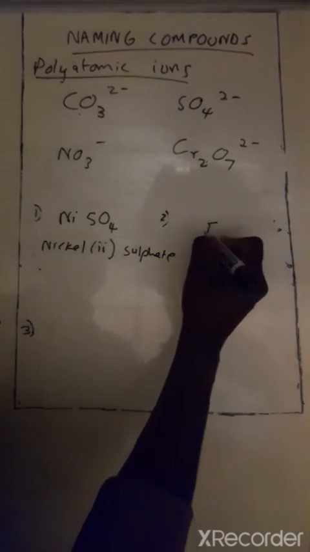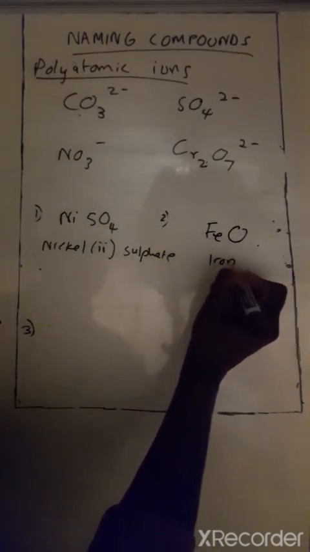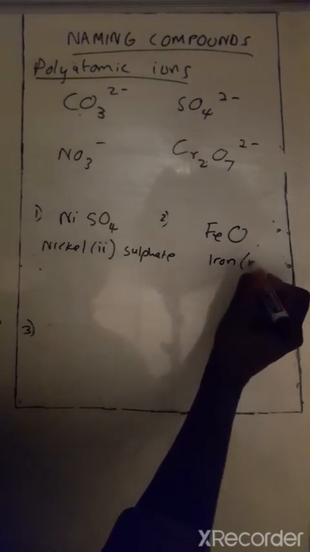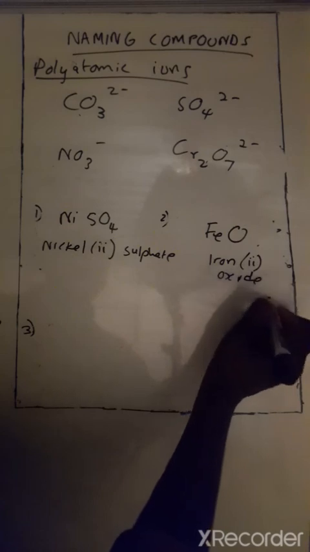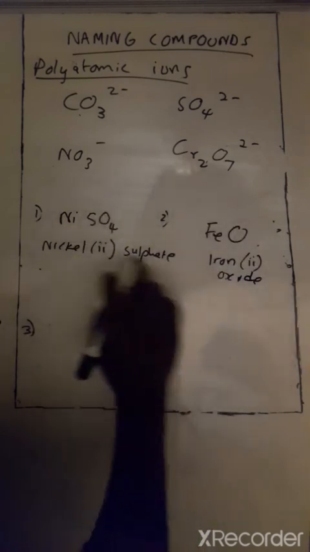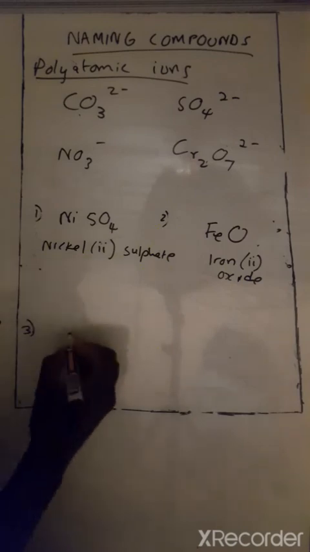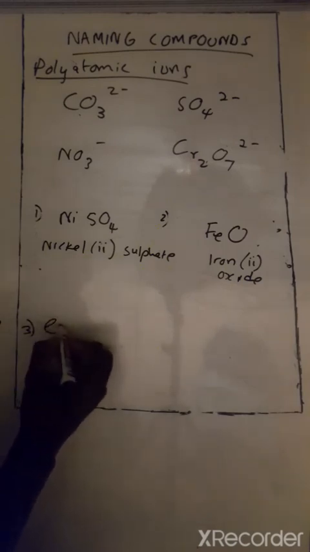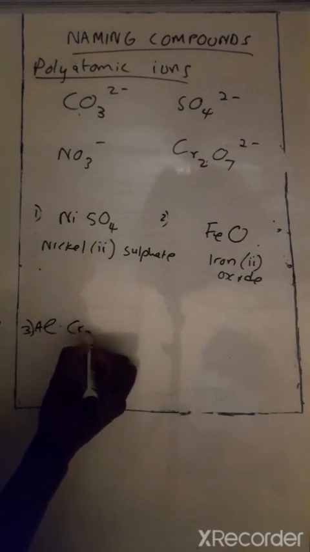Let me just use another one. What about this? FeO. This is iron 2 oxide. How did I know it's iron 2? We'll talk about that. And then the last one, maybe let me use aluminium dichromate.